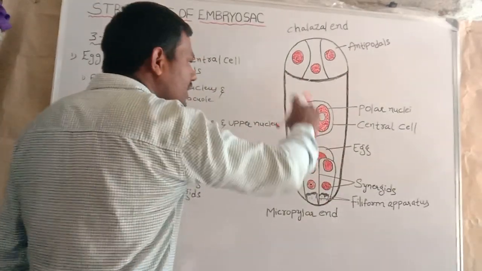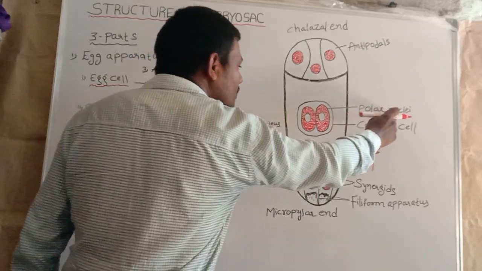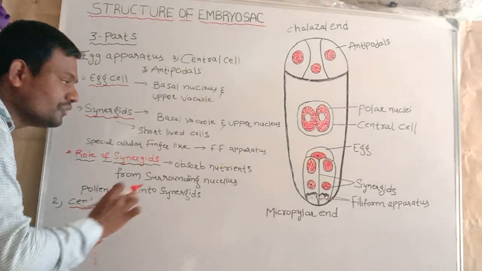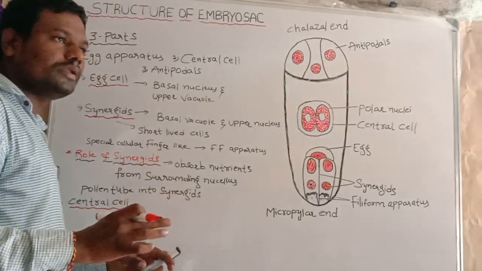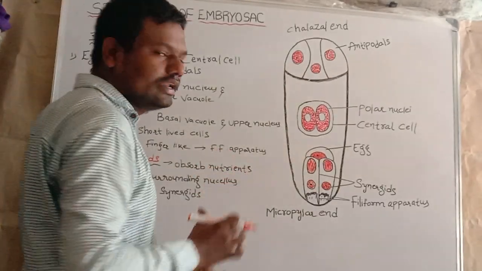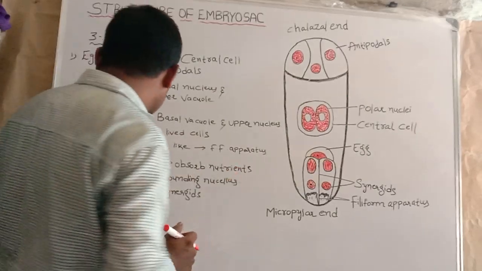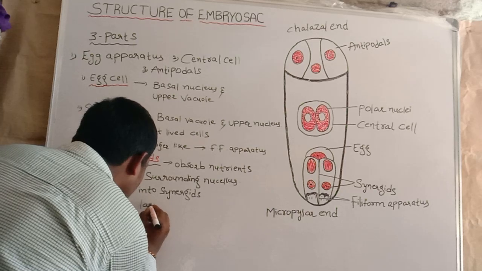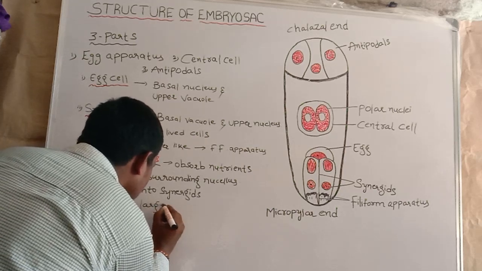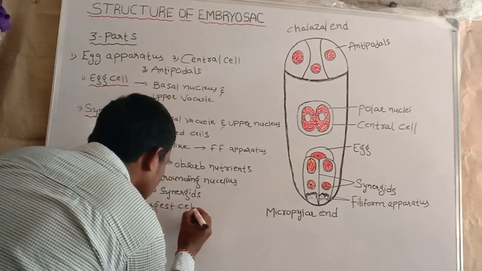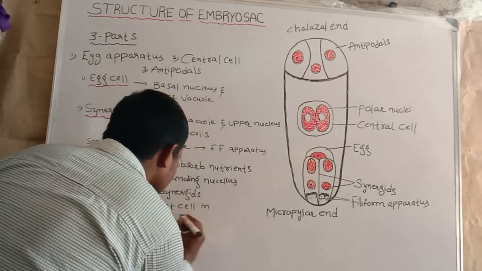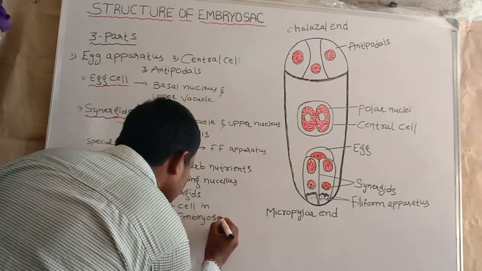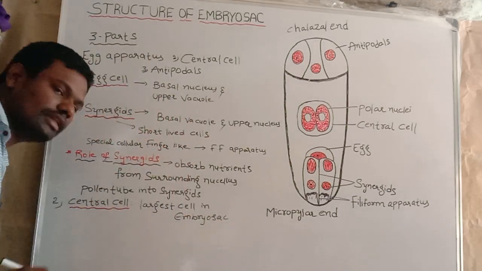The polar nuclei fuse to form a single diploid secondary nucleus.